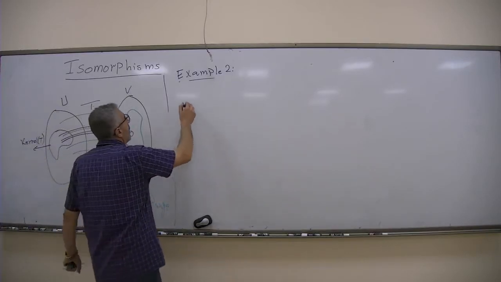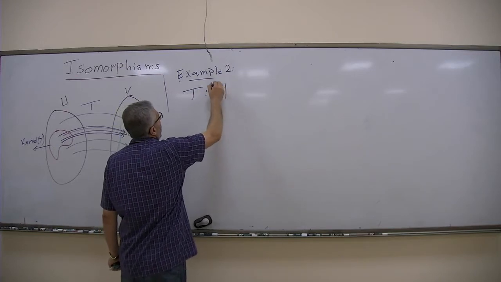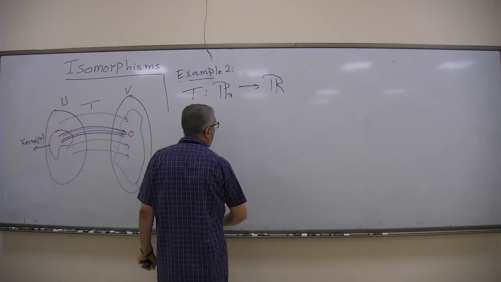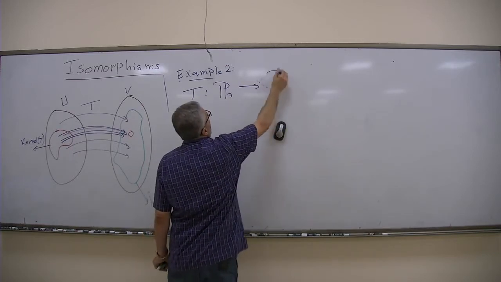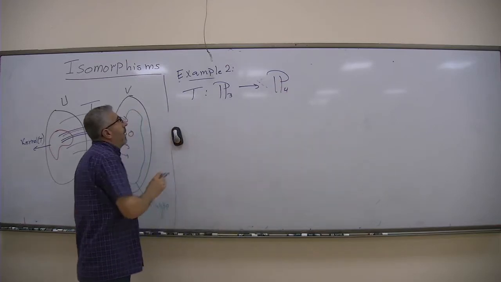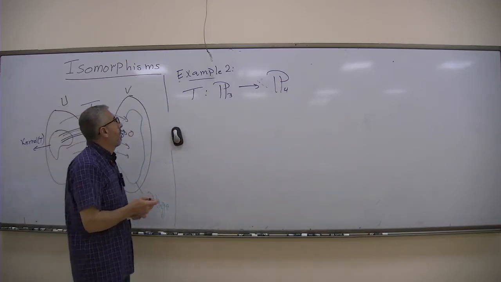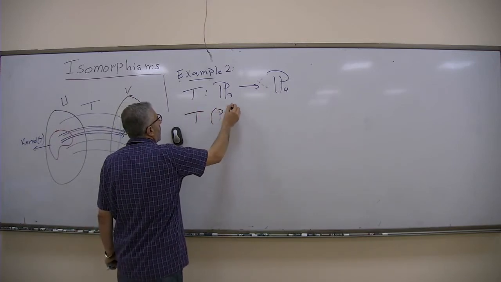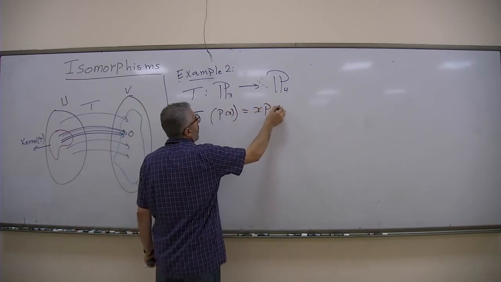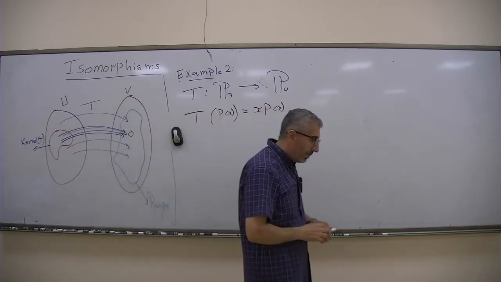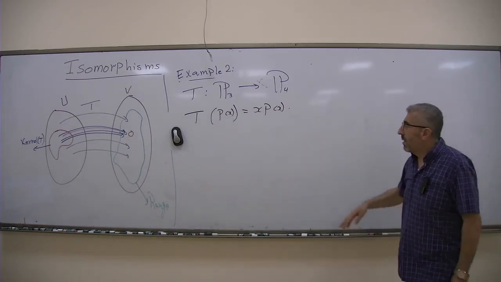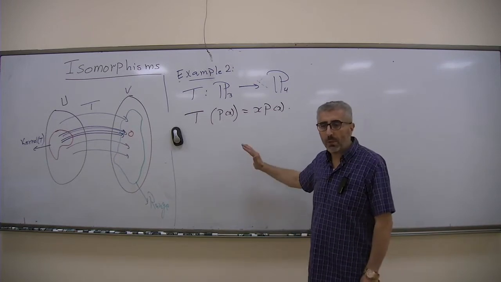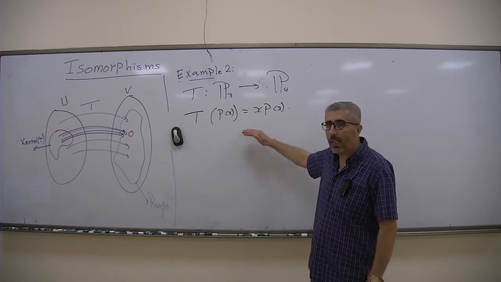I'm going to define T from P3 to P4 as T of p(x) equals x p(x). We already discussed this example before, and we checked this as a linear transformation. If you forgot that, you can go and double check again. This is a linear transformation.